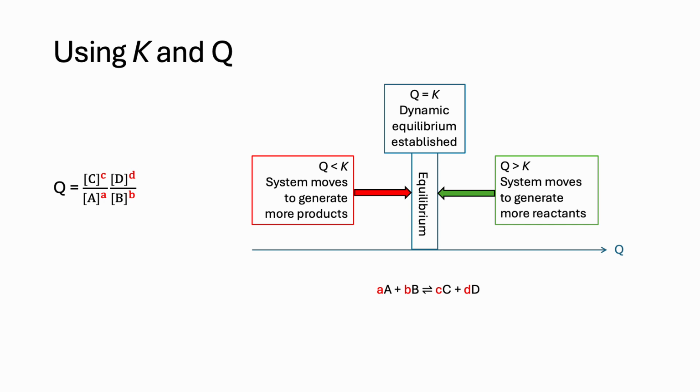So if Q is less than K, the system moves to generate more product, whereas if Q is measured at an instant when it is greater than K, then the reverse reaction dominates and the system moves to generate more reactants until equilibrium is established.